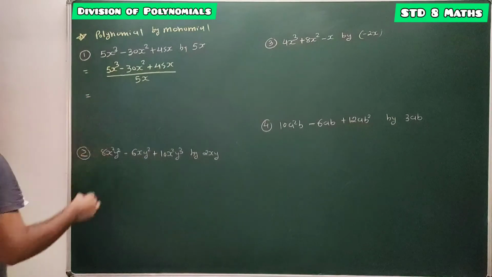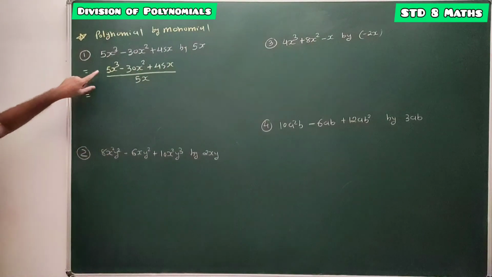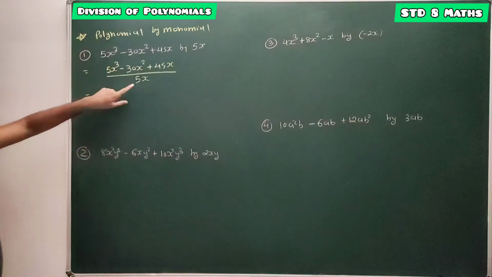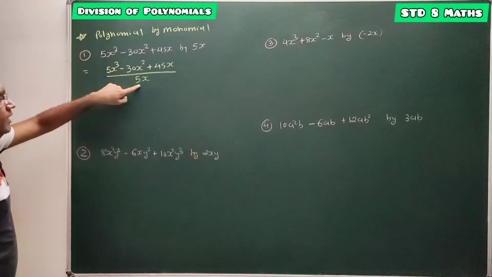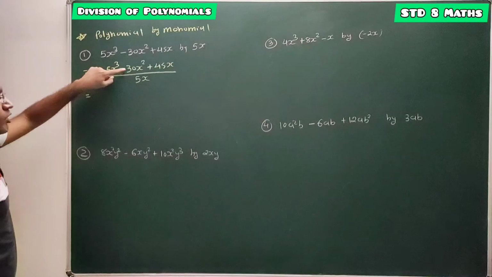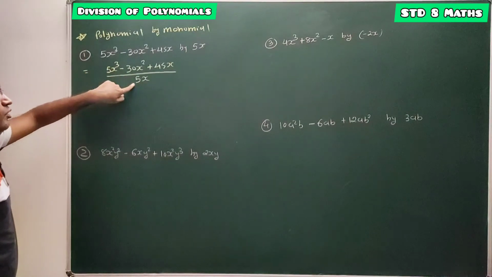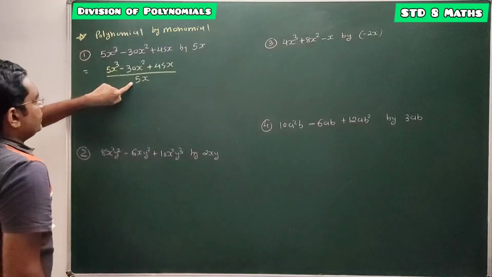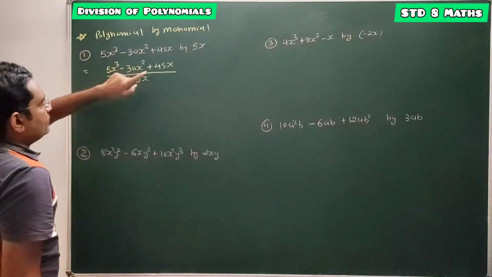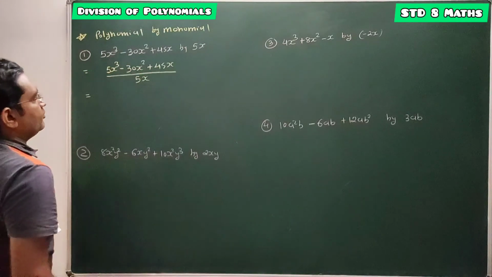Now for the division of this polynomial with this monomial, you have to write this divisor. This is known as the dividend polynomial. This is known as the divisor polynomial. You have to write this divisor separately for all the terms in this numerator.